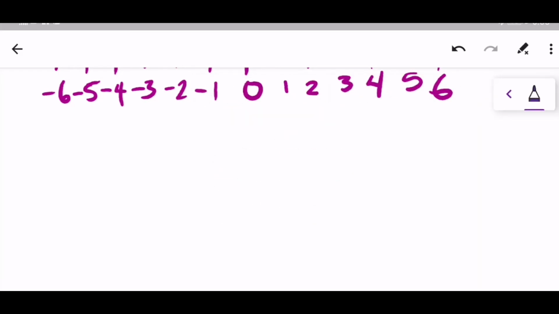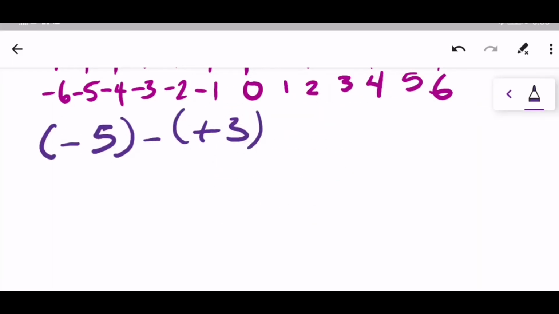Let's suppose you have -5 subtract +3. So we're taking +3 from -5. We combine these two signs using the rule for multiplying and dividing directed numbers. A negative multiplied by a positive gives a negative result. So you're going to have -5 subtract 3.